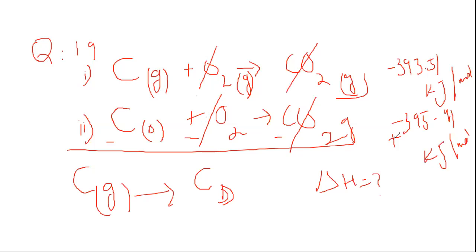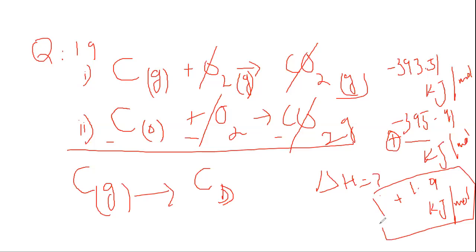So minus plus minus, you have to subtract the values, but keep the sign of the bigger value, and this bigger value has a positive sign. So enthalpy change will be equal to 1.9 kilojoule per mole with a positive sign. When you want to convert this graphite into diamond, this amount of energy will be absorbed.